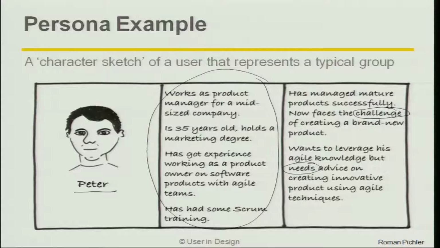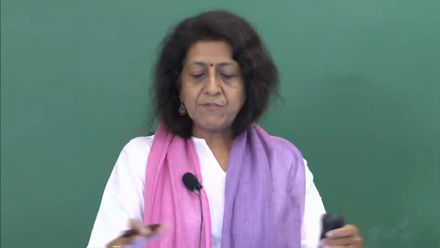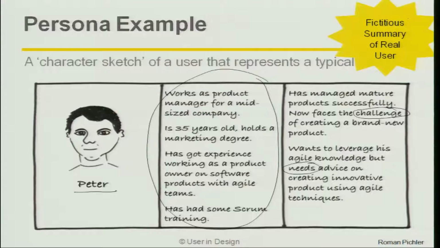Okay? So as you can see, once I've described this, even though this is one of the most simplest of persona templates, even with this description, you have gotten a pretty good idea of who this person is for whom you're designing. And remember again, it is a fictitious summary of real users. Okay?